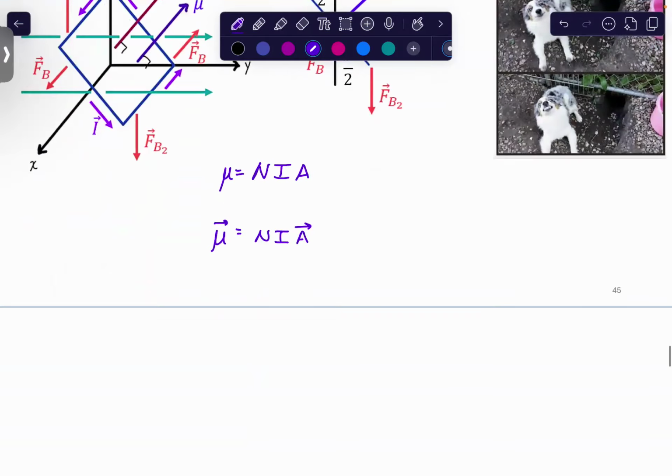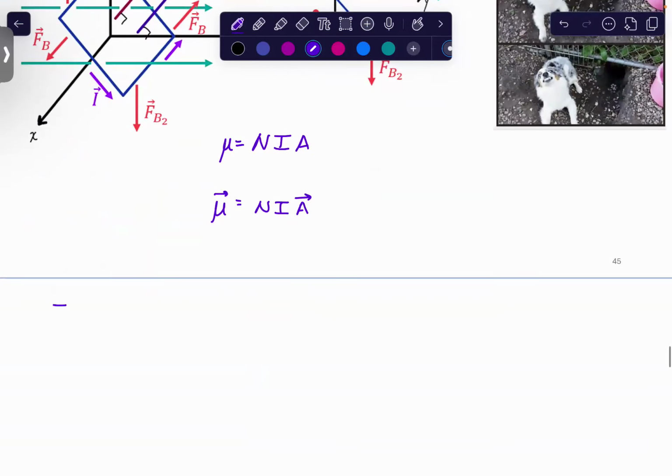Which means now that your torque becomes magnetic moment times B sine of theta, the most general expression of magnetic torque.